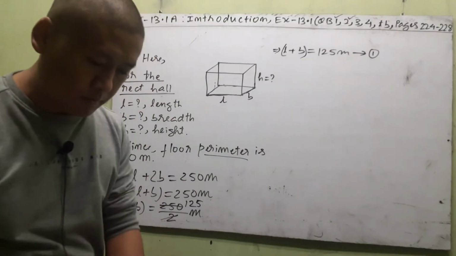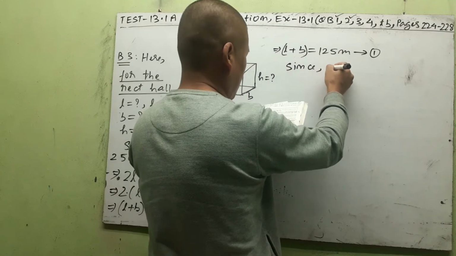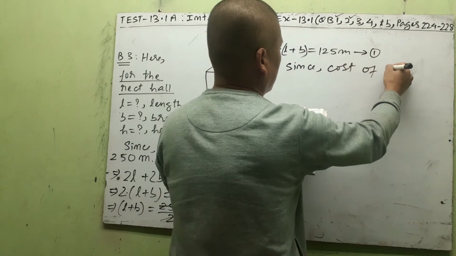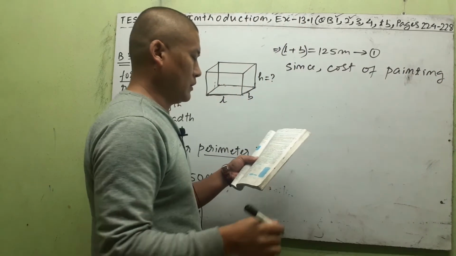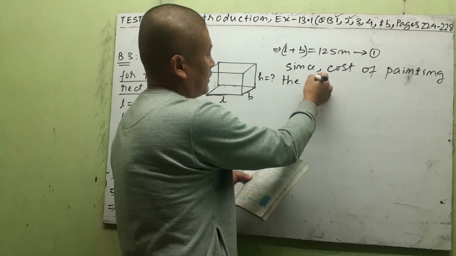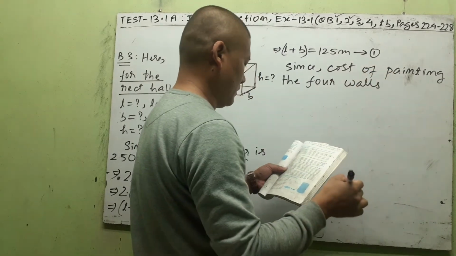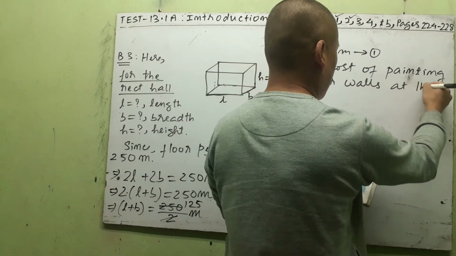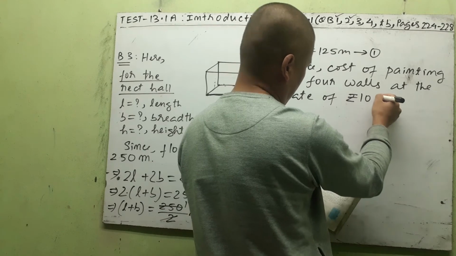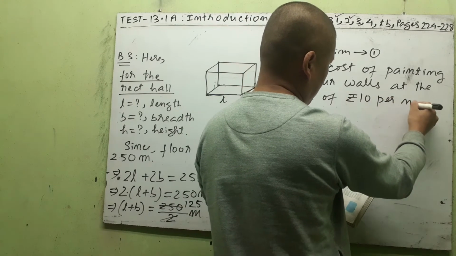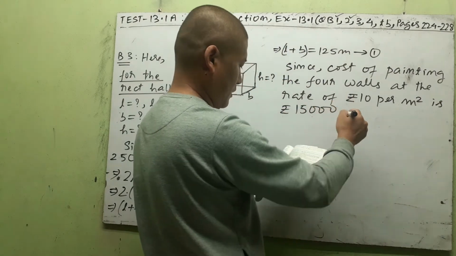Then next statement, second sentence. Since the question gives us that cost of painting the 4 walls at the rate of rupees 10 per meter square, total cost is rupees 15,000 according to question.